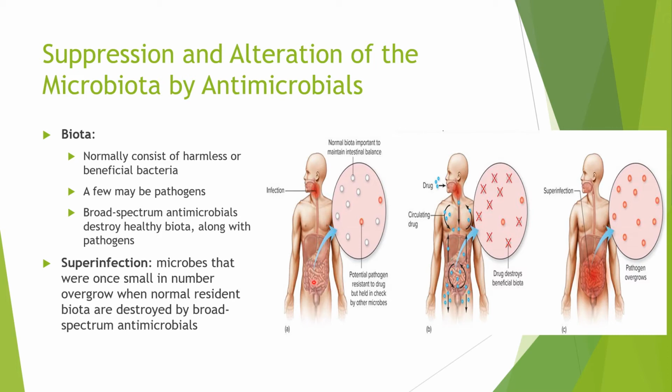For example, if you take a look at your colon, that's where we have our normal flora. You would find that in your colon, you have your normal biota, which consists mostly of harmless or beneficial bacteria. So some bacteria out there, they're not going to harm you.